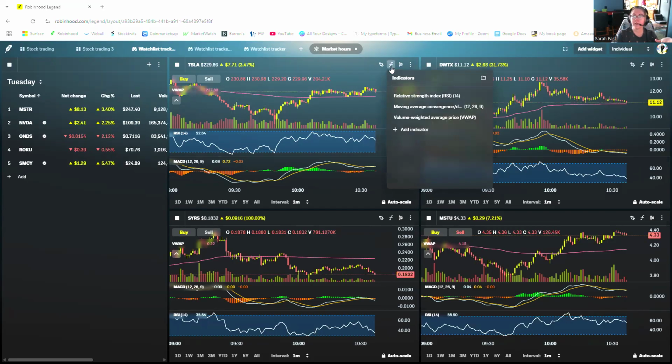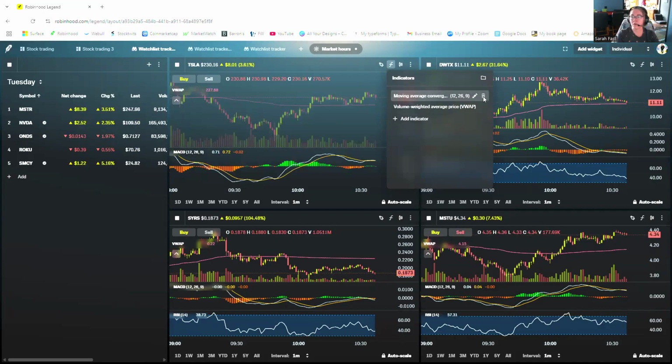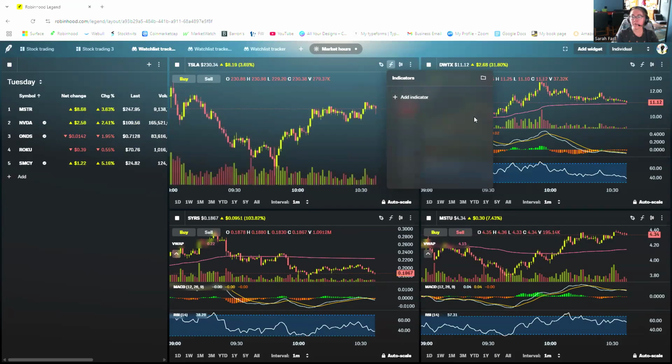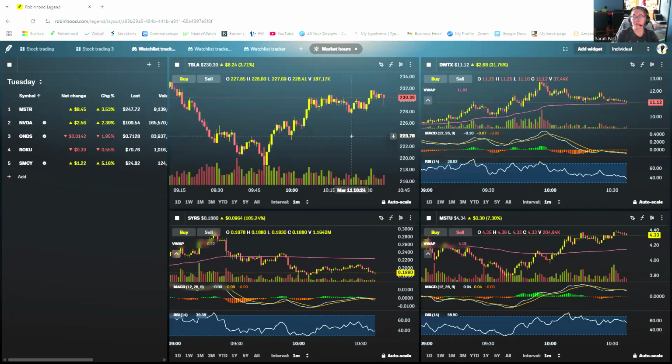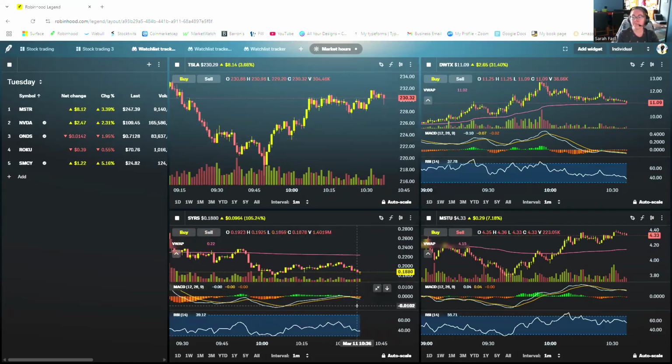Here, the little F is where you do indicators. And if you're using a different brokerage, just Google where this button would be for you. It's going to be very similar. I'm just going to delete them right now. So you would just go add indicator. See now here's the difference, this compared to this.